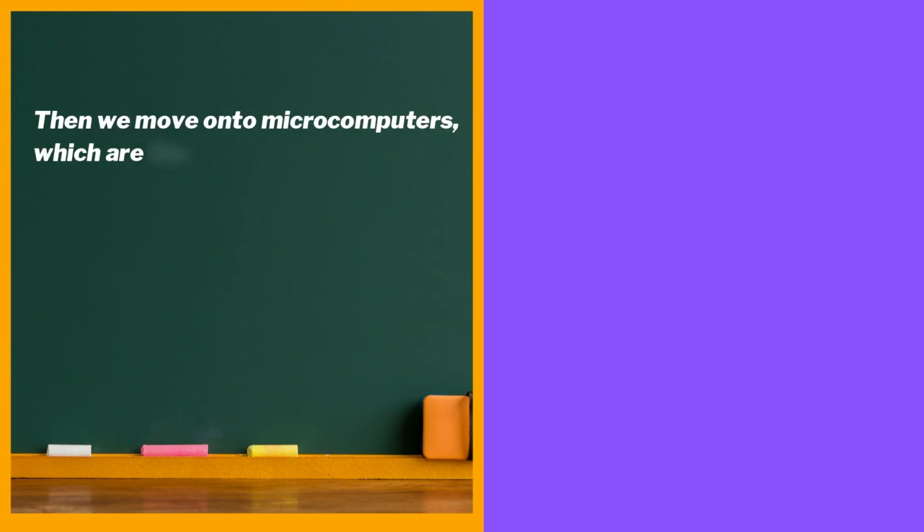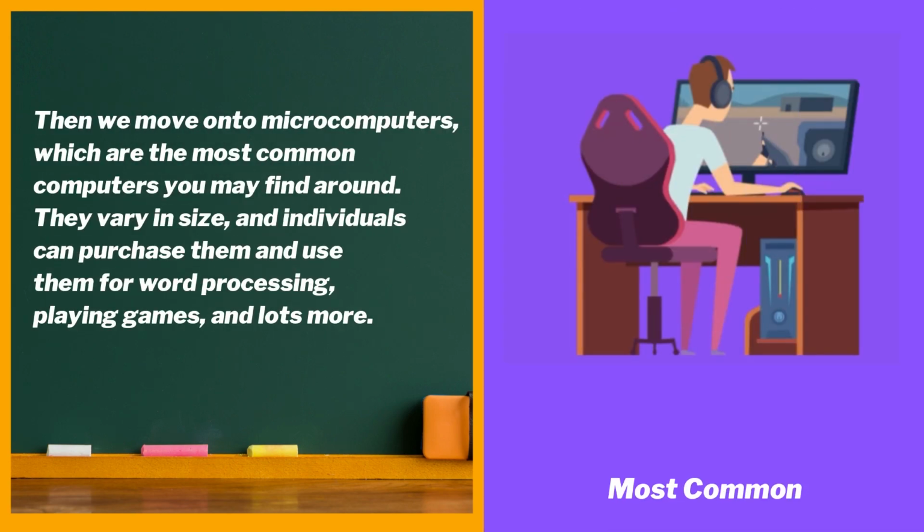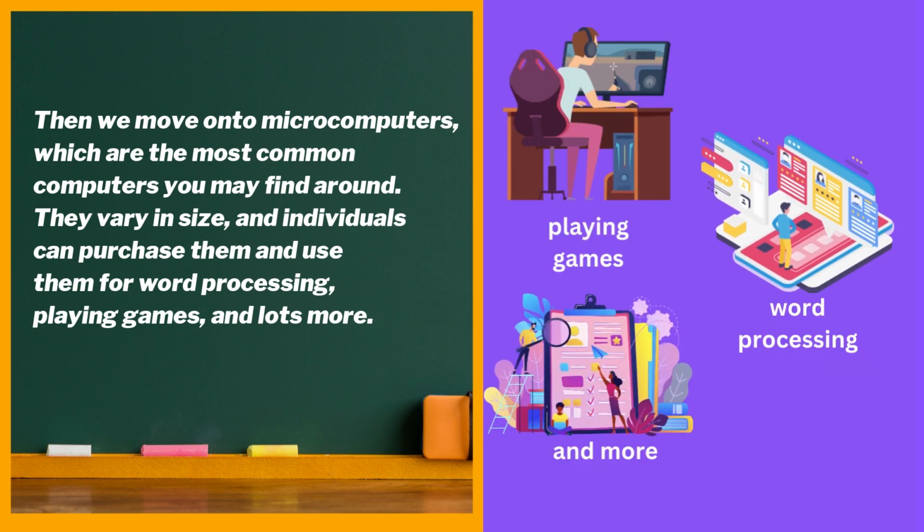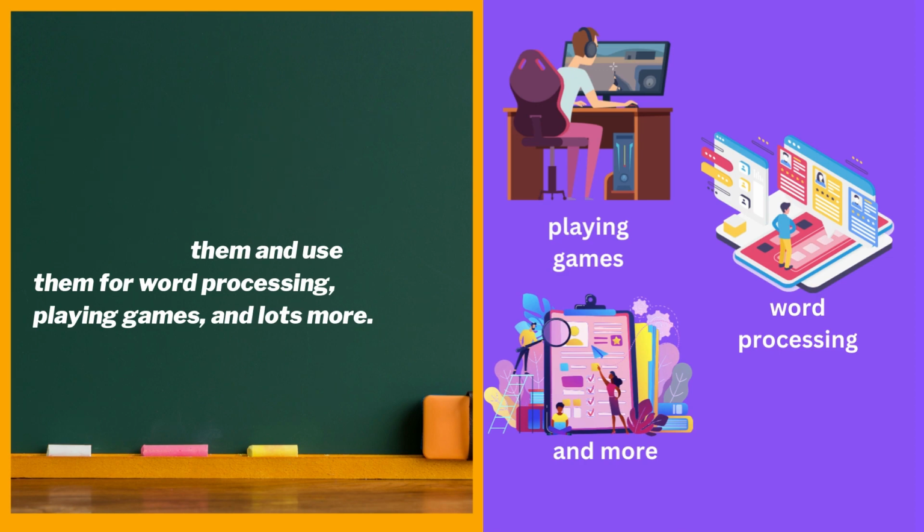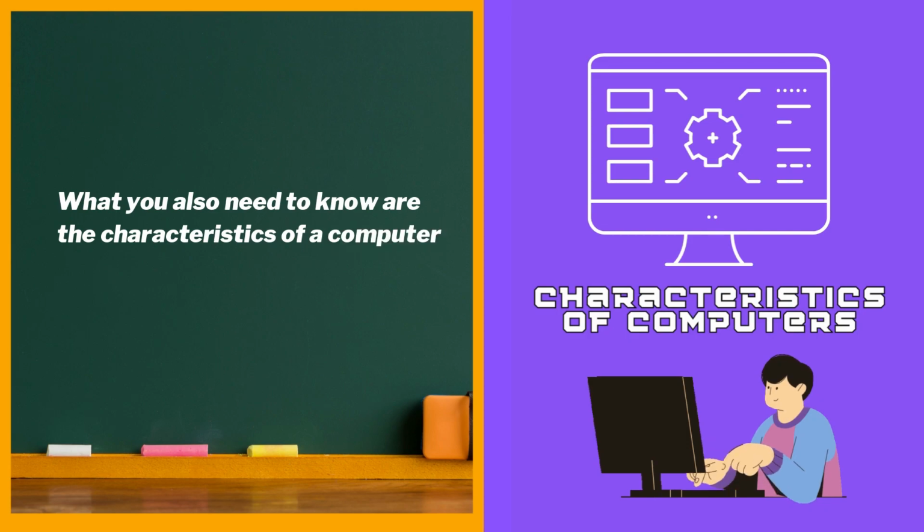Then we move on to microcomputers, which are the most common computers you may find around. They vary in size and individuals can purchase them and use them for word processing, playing of games, and lots more. What you also need to know are the characteristics of a computer.